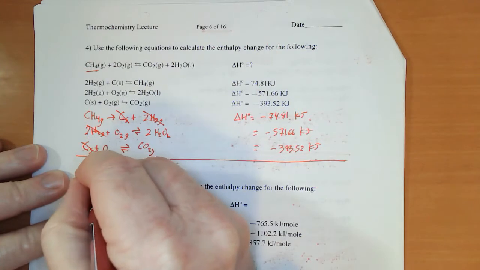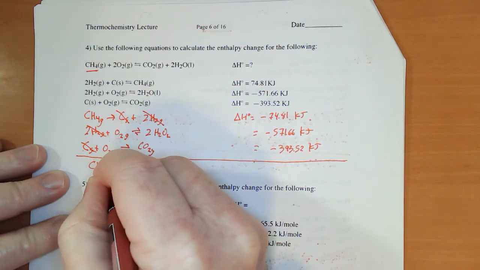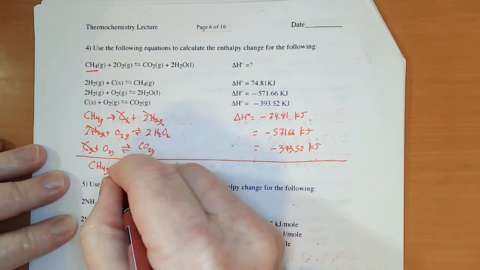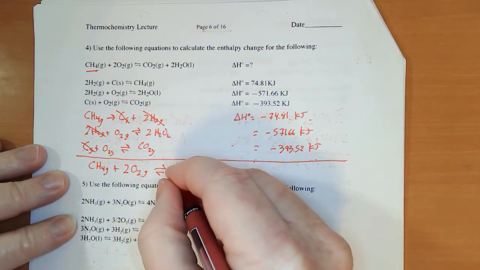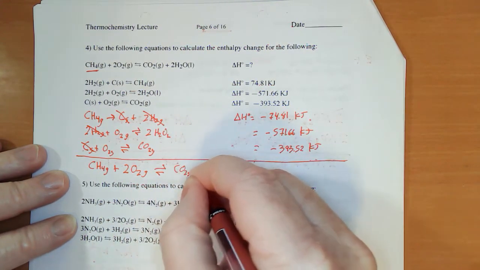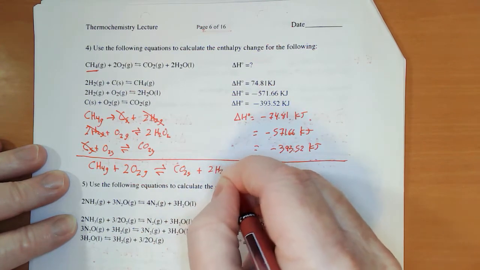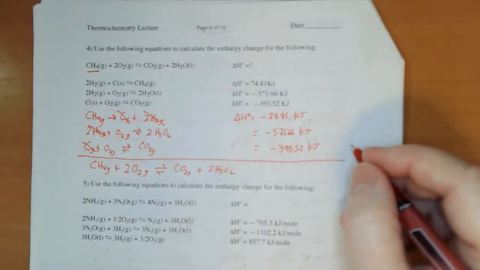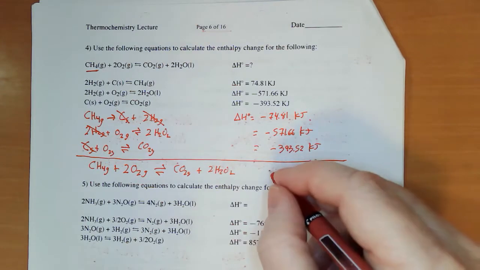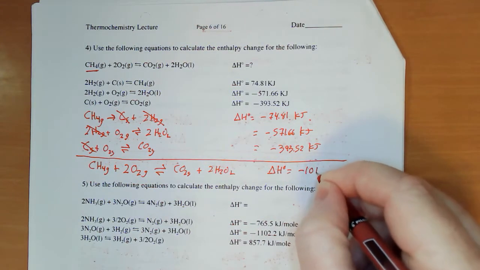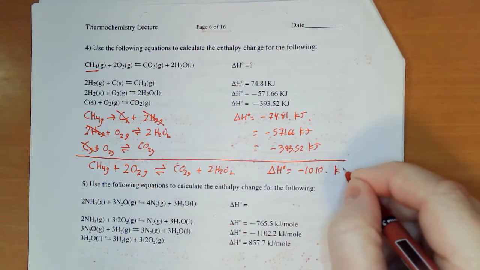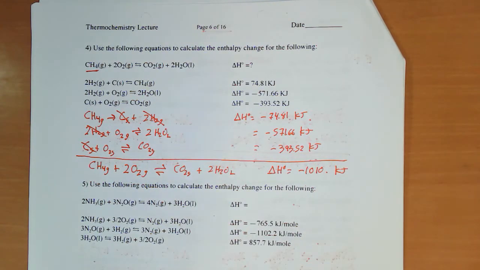So I've got CH4 gas plus those two oxygens added together is 2O2 gas. It gives me a CO2 gas and 2H2O as a liquid. And when I add the whole thing up, delta H naught is negative 1,010 kilojoules, rounded off. Okay? So, hope that one was good for you.